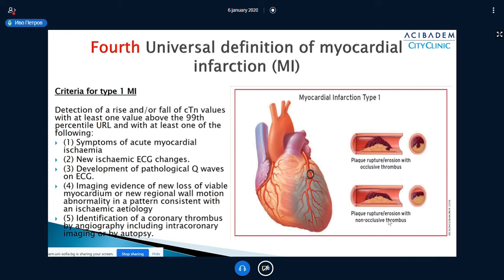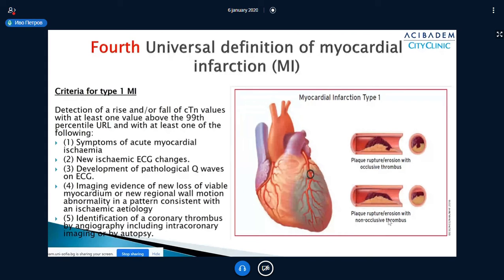In case the process of aggregation and increasing stenosis continues, it's absolutely sure that a particular patient will have, at a certain moment, myocardial infarction.